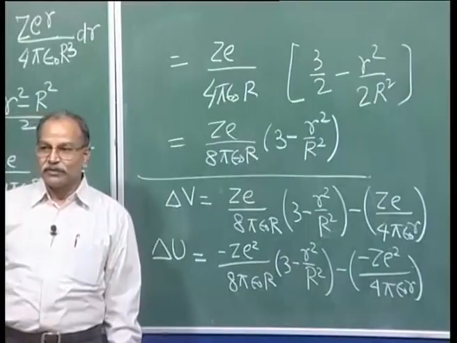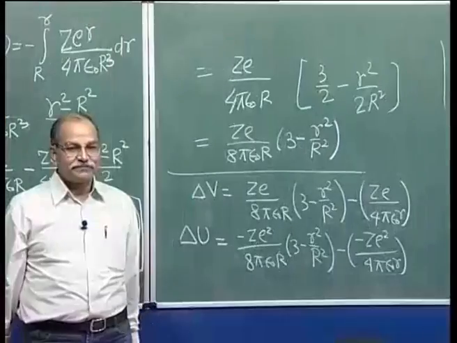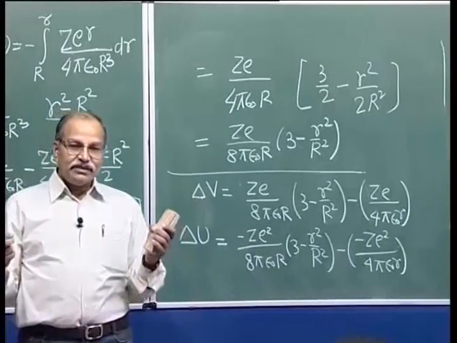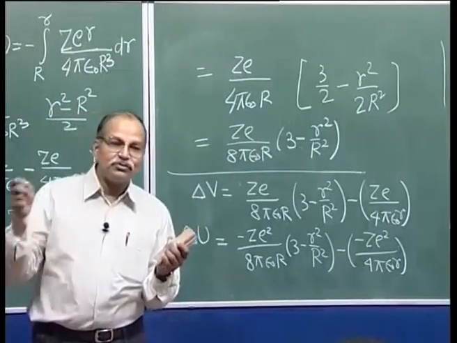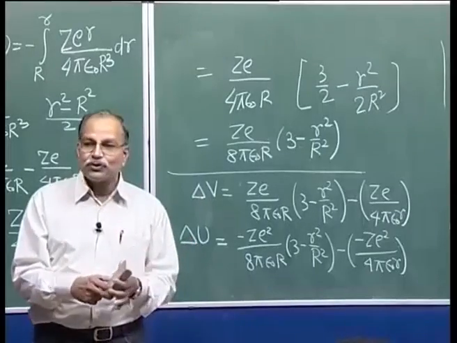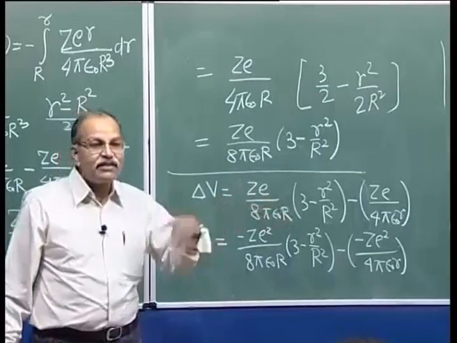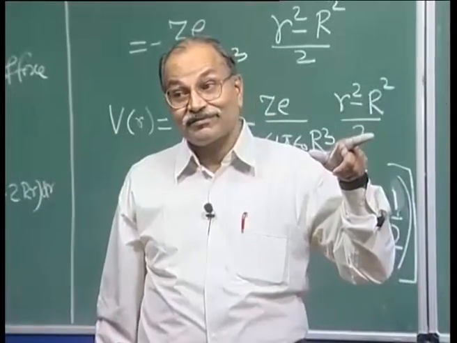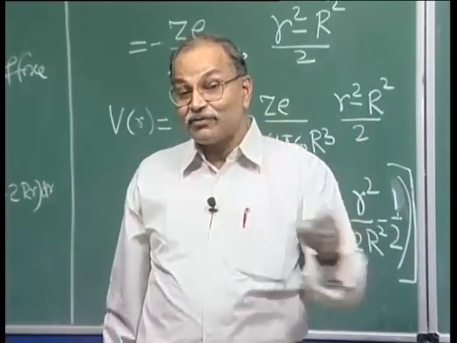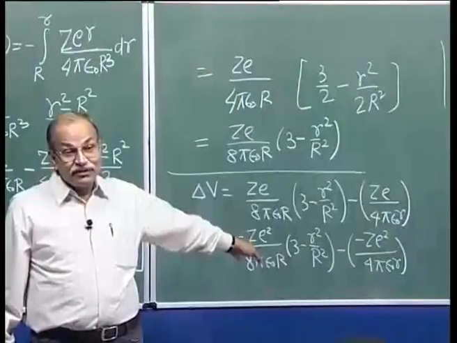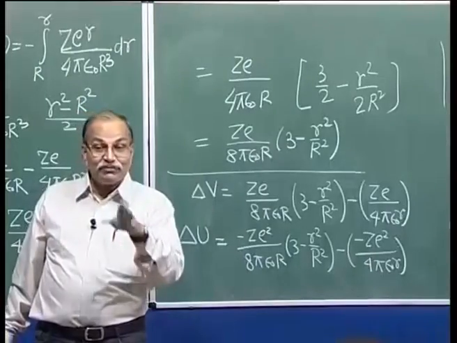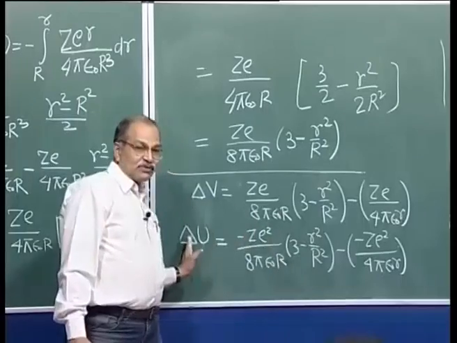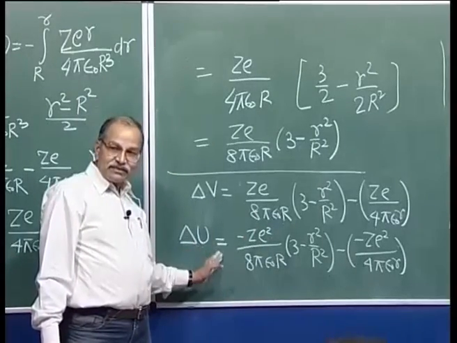Okay. Now, a little bit on quantum mechanics. What I have obtained is the change that you have to bring in if you want to write the spherical nucleus potential. Right. Now, look at the Hamiltonian. The Hamiltonian is also changed by this amount. It was minus h cross square by 2 m del square plus potential energy. Potential energy is changed by this amount. So, the Hamiltonian is also changed by this amount.